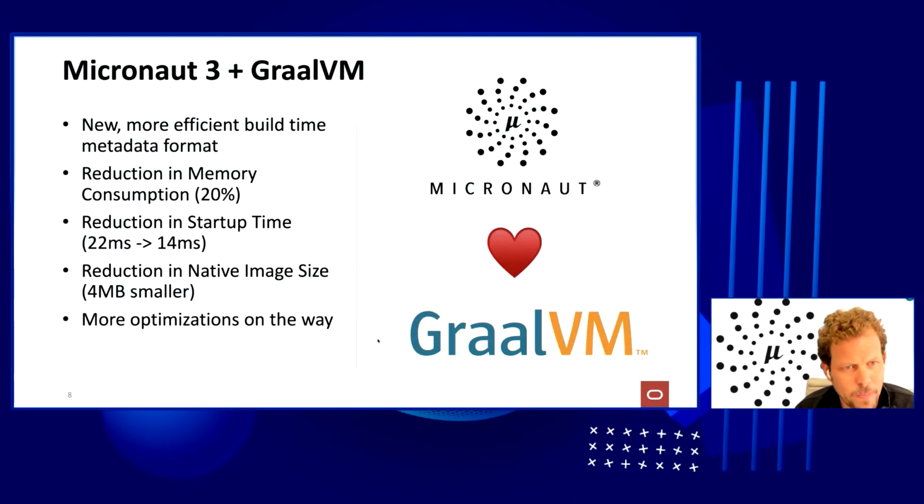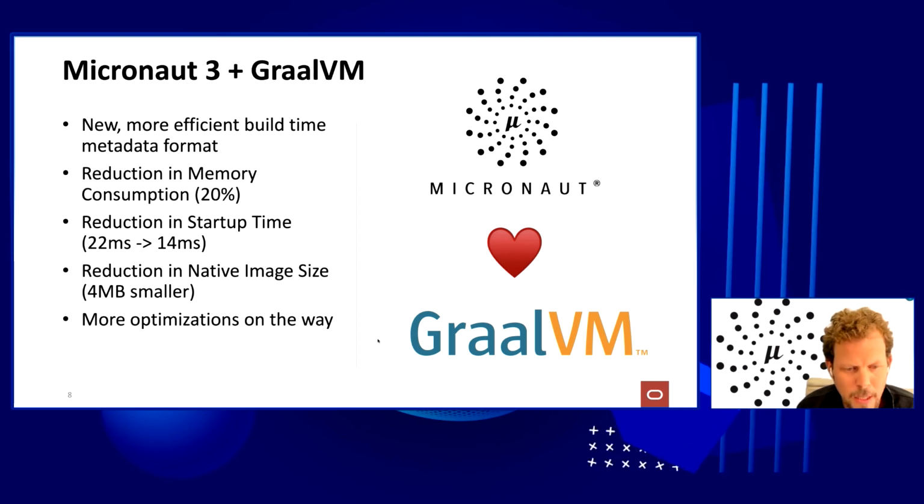But with Micronaut 3 and GraalVM, we've achieved greater efficiency with native image. So we have a new build time metadata format with Micronaut 3, which is able to reduce memory consumption 20%. We've also reduced startup time, and the overall native image size is significantly smaller as well.